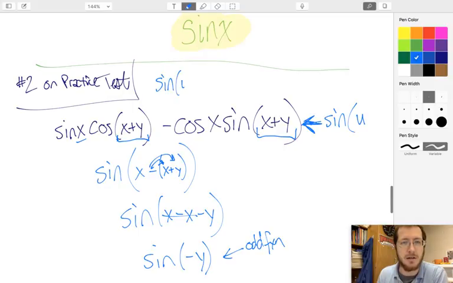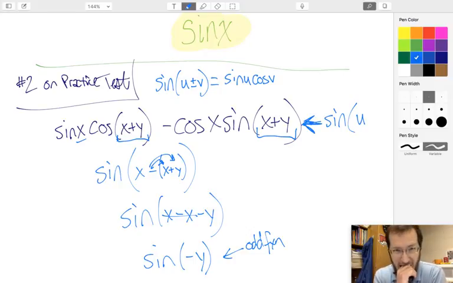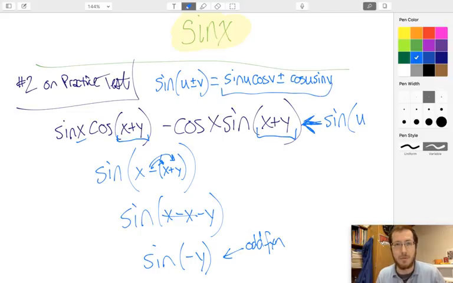So the sine of u plus or minus v, this is our identity, says take the sine of u, cosine of v, and then the same sign, so plus or minus, and then the cosine of the first angle, sine of the second angle. So this fits the same format as all of this. In a sense, we're working backwards in the identity. Usually we go from here to here, but this is a good example of going from here to here.